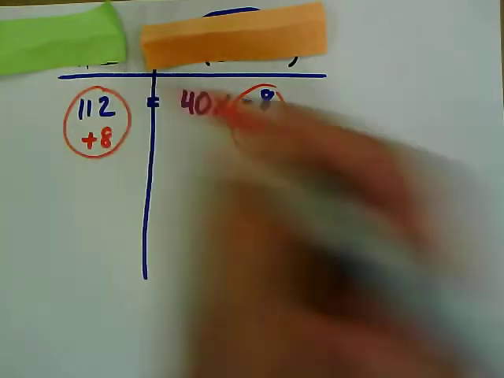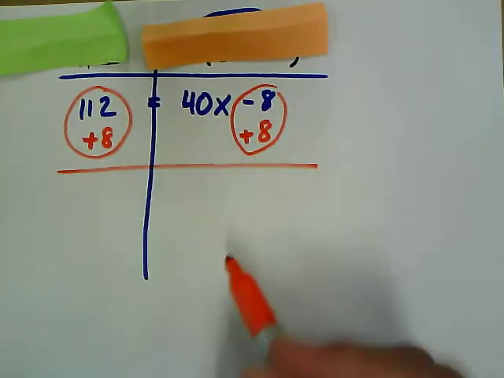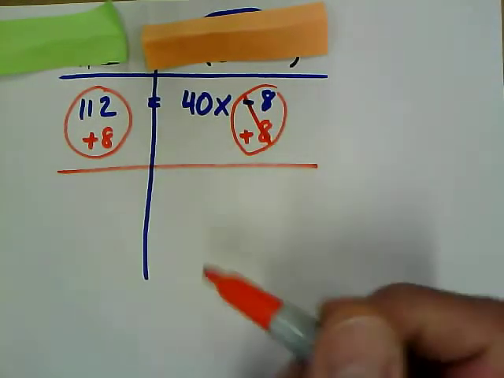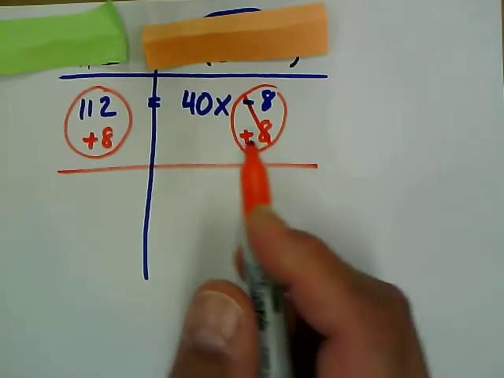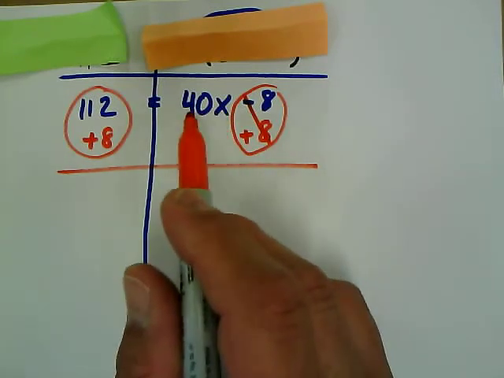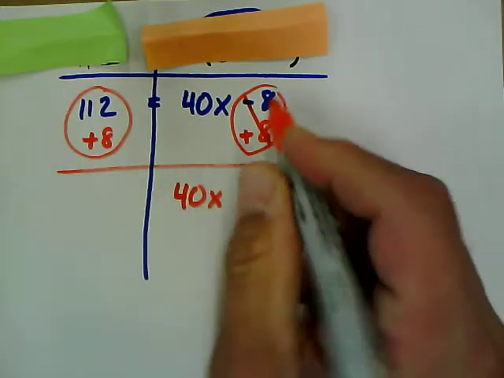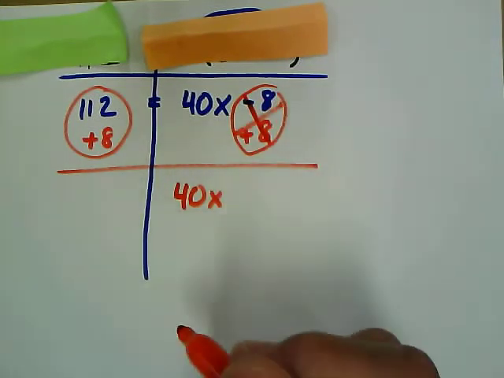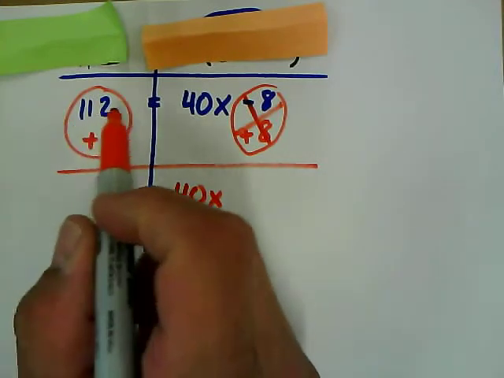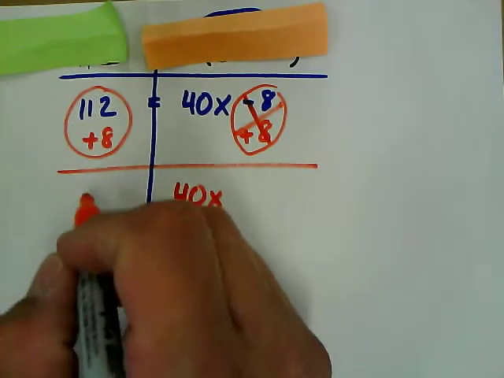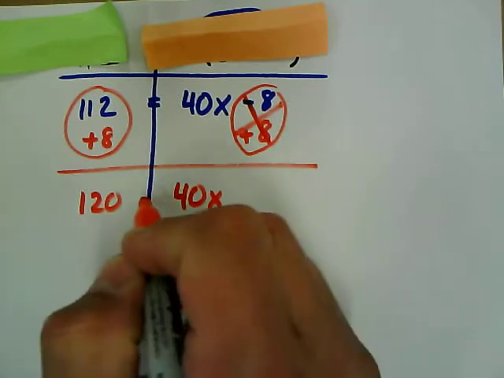We have to keep it balanced. Our minus 8 and plus 8 are opposites. They become 0. 0 plus 40x is just 40x. So we just say these are gone. All right, 112 plus 8 is 120.